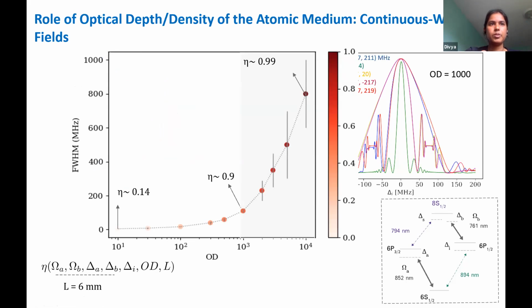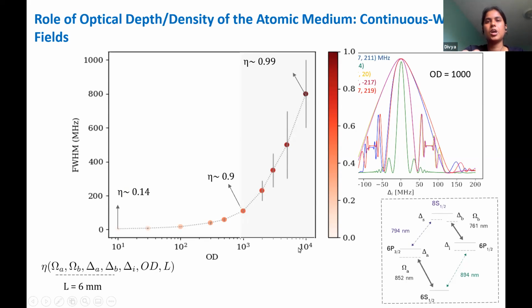This is the plot of full width at half maximum versus optical depth. In this plot, the color defines your efficiency, and the gray line defines the optimized parameters, or the bandwidth for these particular optimized parameters. We see that the higher the optical depth, the better the efficiency, and your bandwidth is also increasing.